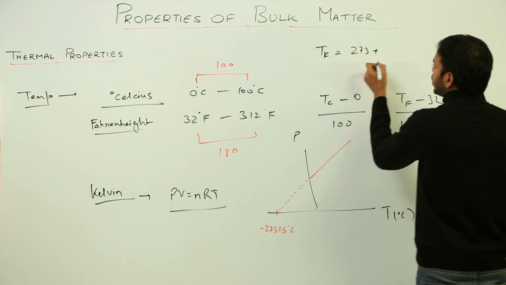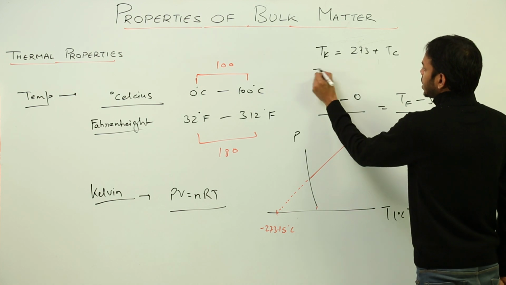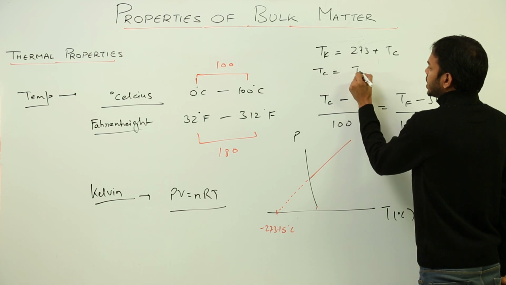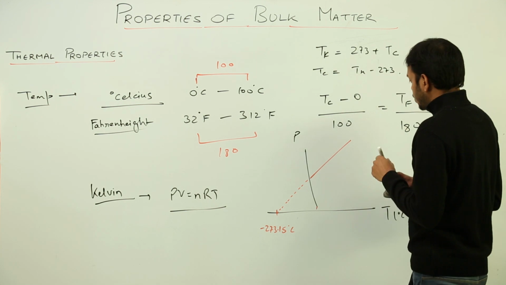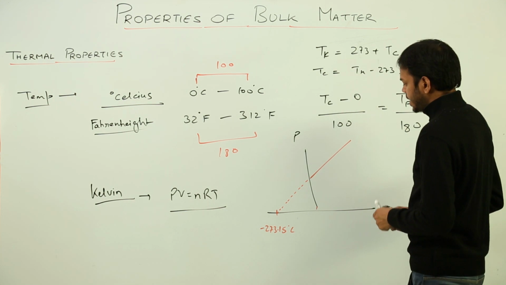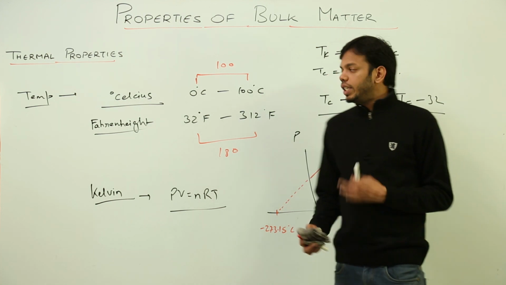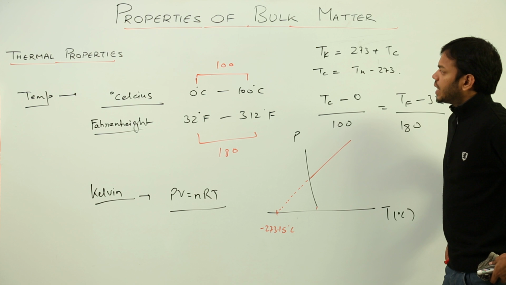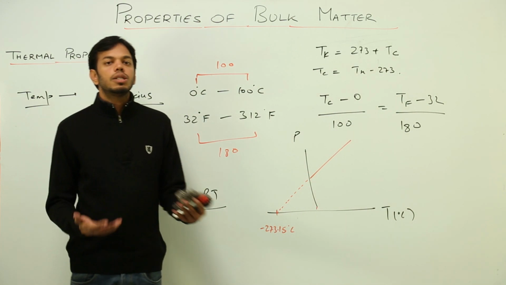Temperature in Kelvin would be 273 plus the temperature in degree Celsius. That means temperature in degree Celsius would be temperature in Kelvin minus 273. So these are the three scales on which temperature is basically denoted. Let's move on to what happens when heat is provided to a body.